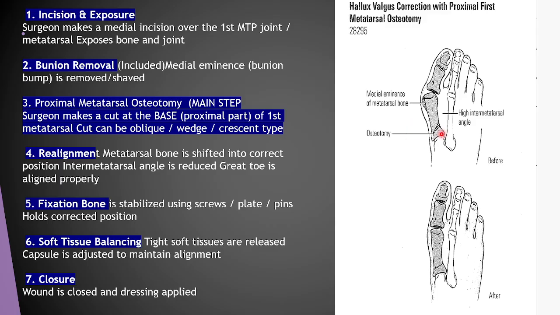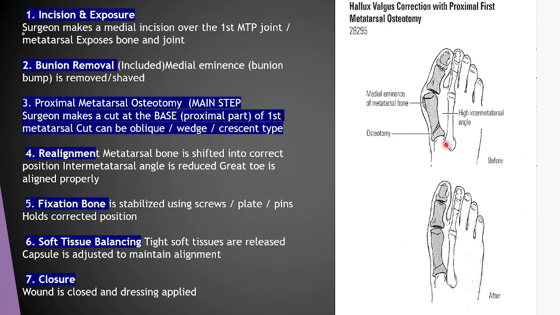The surgeon will make a cut into the base. Here is the base of the metatarsal, the first metatarsal. It may be a crescent type wedge, or the cut can be oblique. And after that, he will do the realignment of the metatarsal bone, shifting it into the correct position.